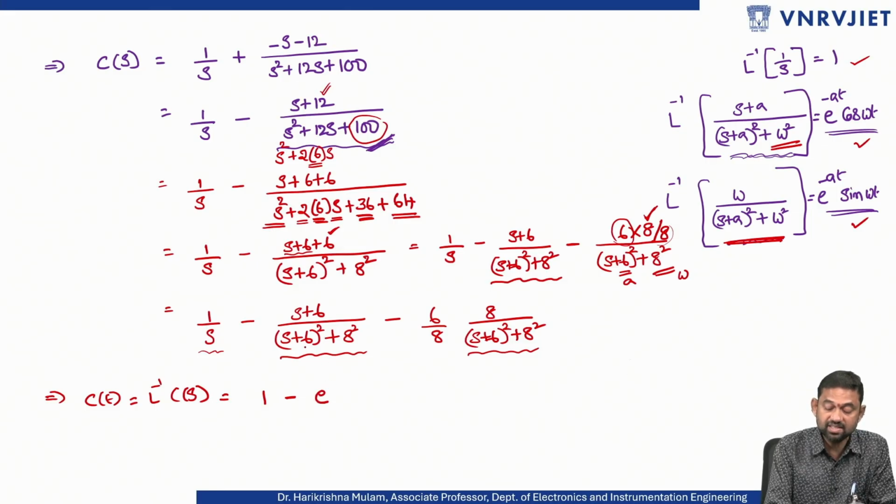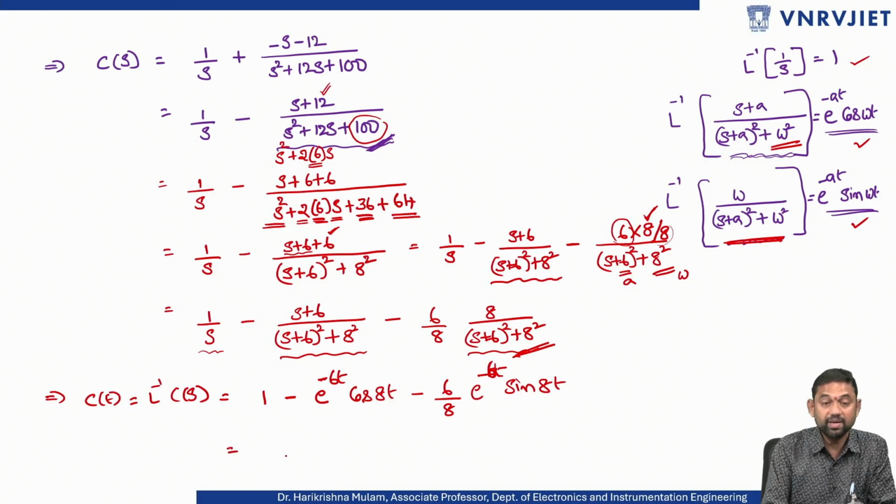Minus a is 6. Therefore, minus 6t cos 8t, minus 6 by 8. And the inverse Laplace transform formula for this is e power minus at sin omega t, that is e power minus 6t sin 8t.